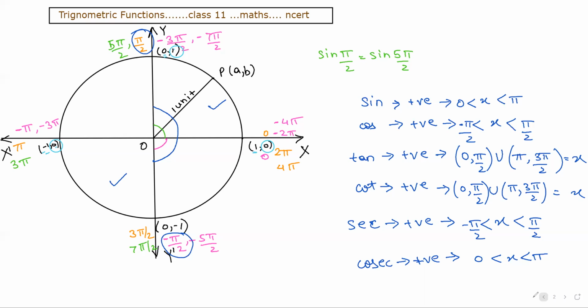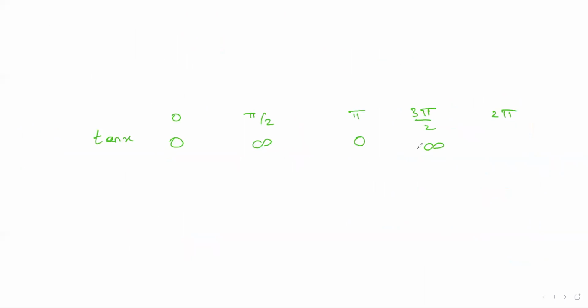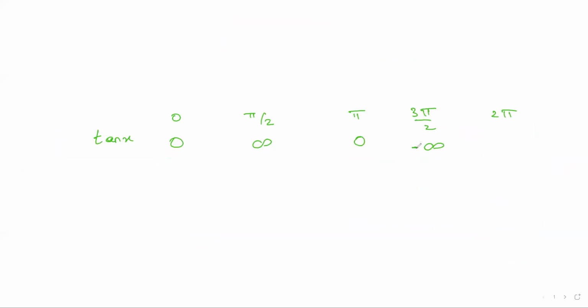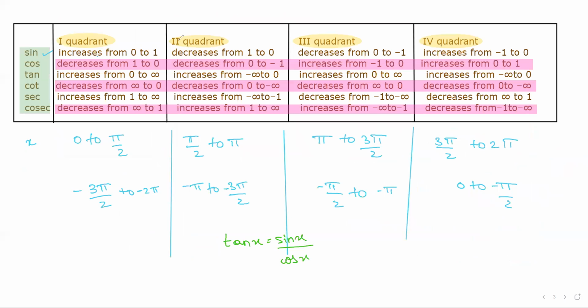So instead of writing infinity, we'll write minus infinity. 0 upon minus 1 over here at x is equals to 3 pi by 2. Instead of writing infinity, we'll write minus infinity. Here again, we'll get a 0. So let's see what we get.